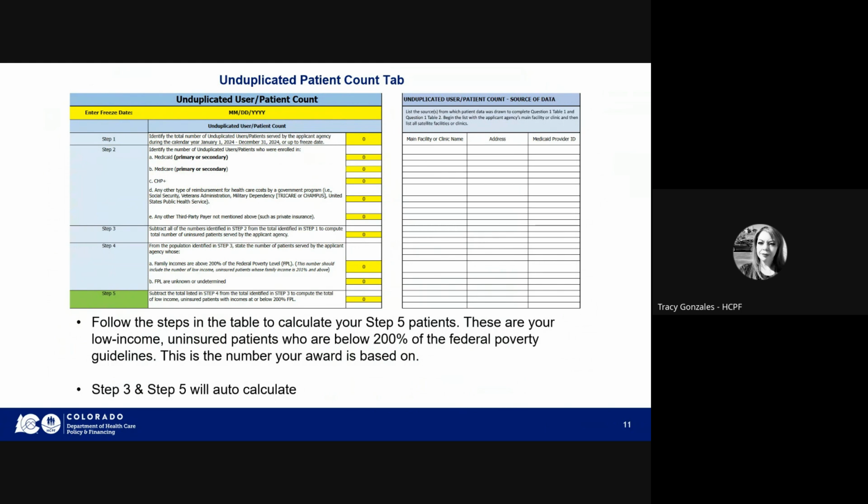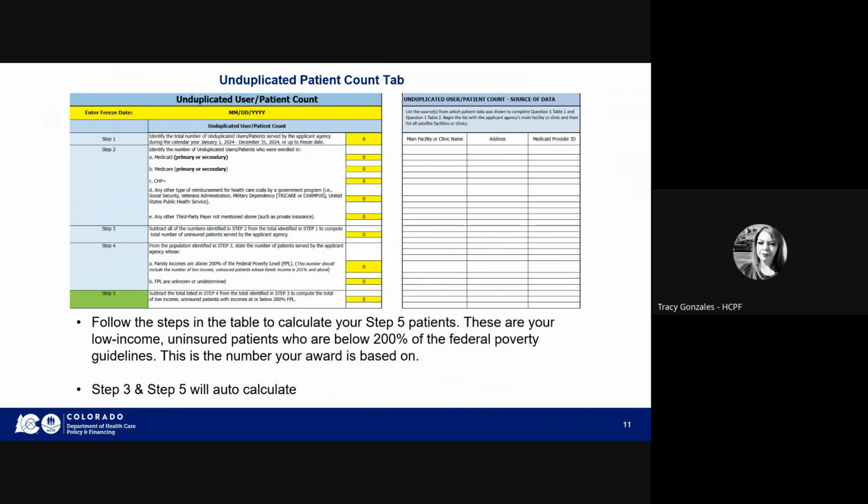Once you have decided on your freeze date, you will identify the total number of unduplicated patients served during that calendar year. Once you have your unduplicated patient count, you will begin to bucket your patients into the different categories.